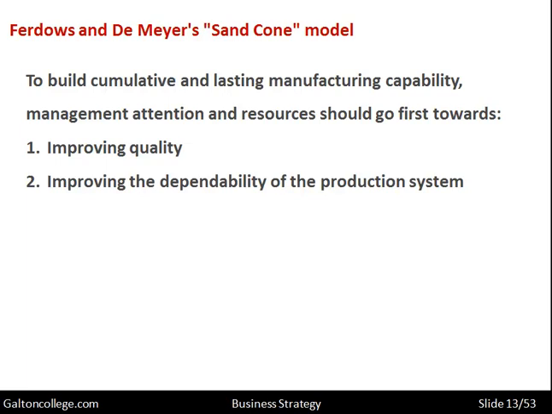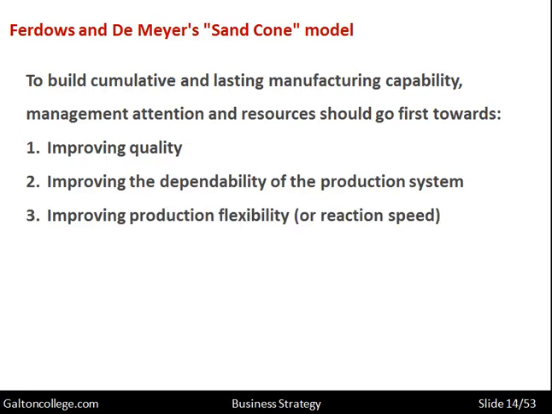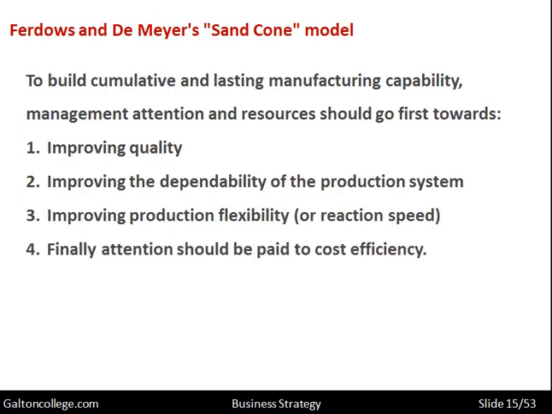So it's wrong, according to this view, to put them onto a balance and have a fulcrum and see which one is increasing or decreasing, because they are not equal. Quality is more important. Dependability is next. Improving flexibility or reaction speed, that's next. And then of course we've got costs.